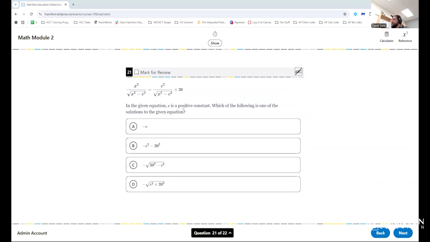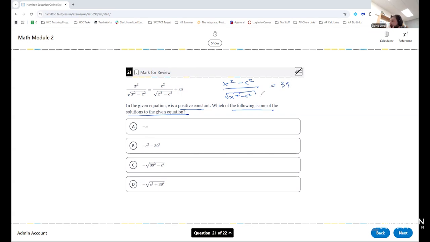In the given equation, C is a positive constant. Which of the following is one of the solutions to the given equation? So we're looking for a solution, and we're not solving for C, we're solving for X. So it's something to remember. All right, well, one thing I noticed is that these have a common denominator, so I'm going to subtract them. That's equal to 39.